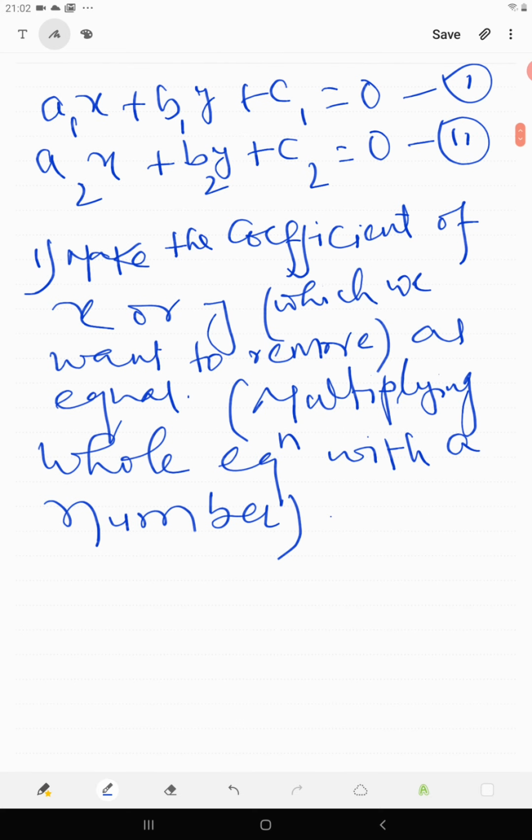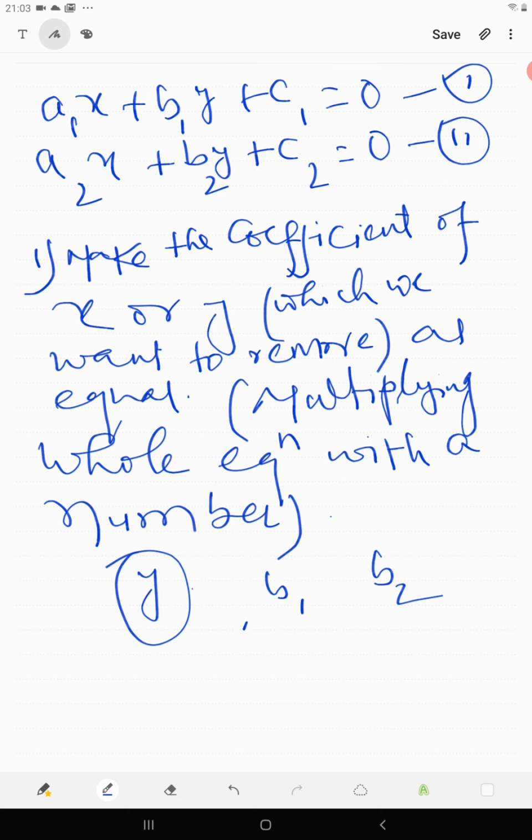Suppose in the two equations we want to remove y. The coefficient of y in equation 1 is b1 and in equation 2 it is b2. To remove it, first we need to make both equal.